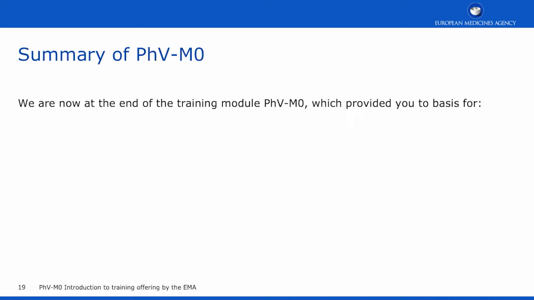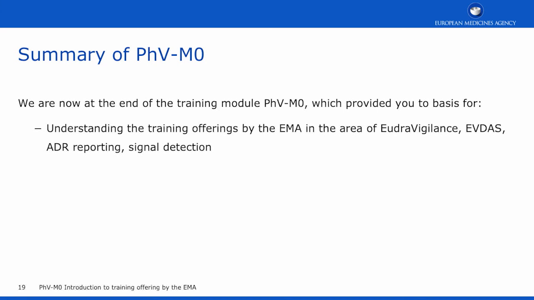This brings us to the end of training module Pharmacovigilance M0. The module will have provided you with the basis for understanding the training offerings by the European Medicines Agency in the areas of EudraVigilance, FDAS, ADR reporting, as well as signal detection.